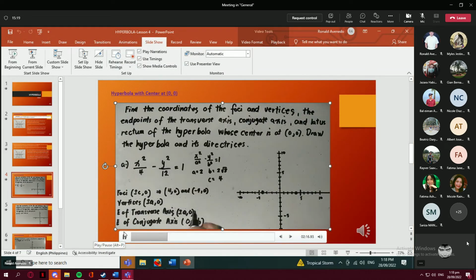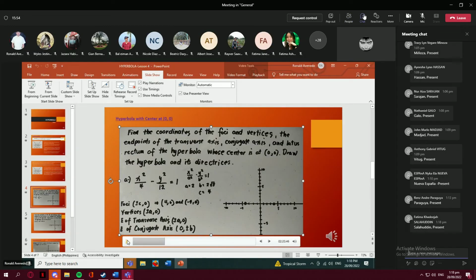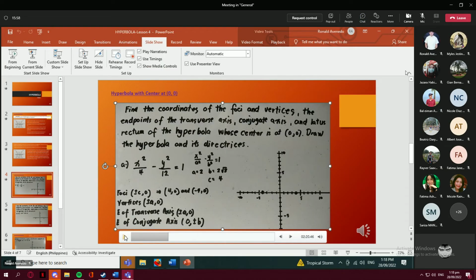Then the vertices, positive, negative a, 0.